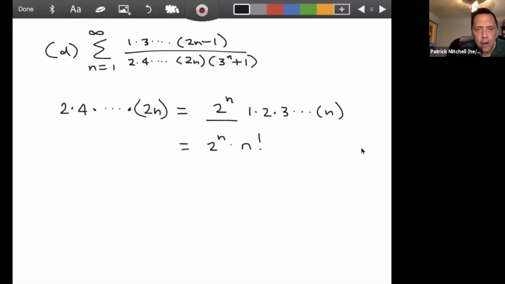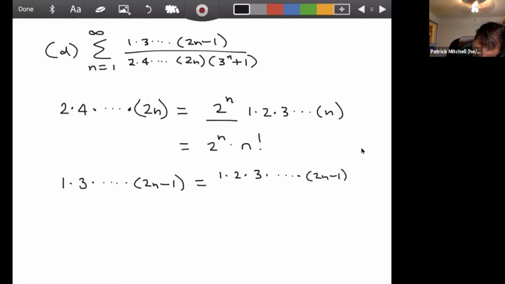All right, so now let's talk about the odd number factorial. 1 times 3 times 5 times ... times 2n minus 1. What I'm going to do with that is I'm going to put all of the numbers from 1 to 2n upstairs. And then I'm going to divide out the even factors that I don't need.